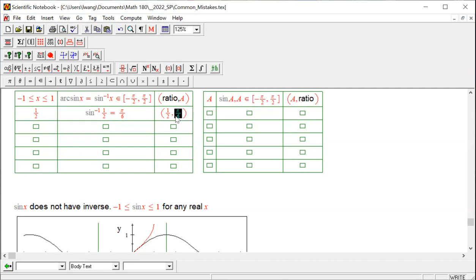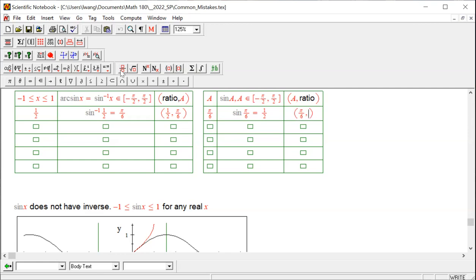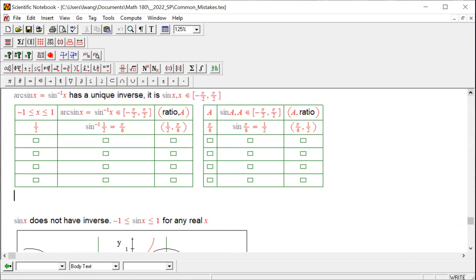On this piece, if pi/6 is the input, sine of pi/6 equals 1/2. So this is the one-to-one correspondence between a function and its inverse. Pi/6 is the input and the output is 1/2. The inverse function in this relationship is that input and output are swapped. That's why the inverse function is entirely different in meaning from reciprocals.